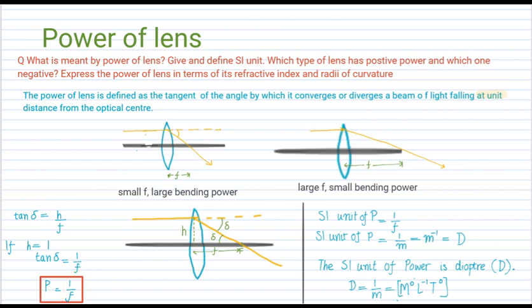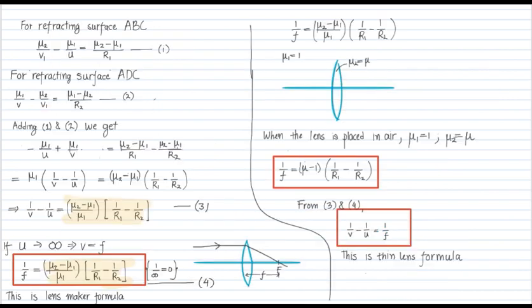Now let's go back to your lens maker formula. According to the lens maker formula, 1 by F equals mu minus 1, times 1 by R1 minus 1 by R2.